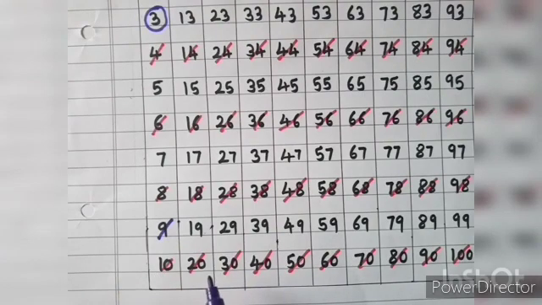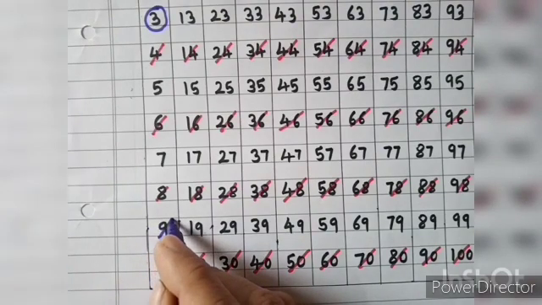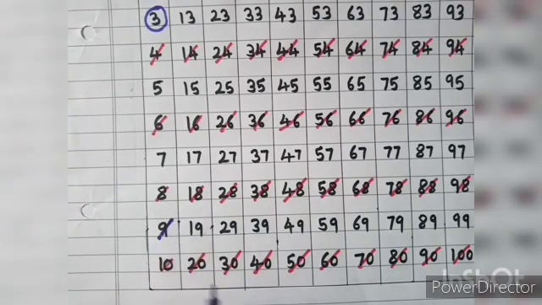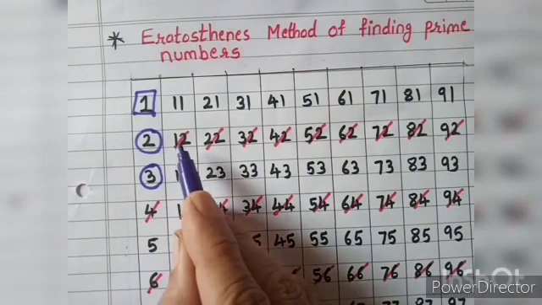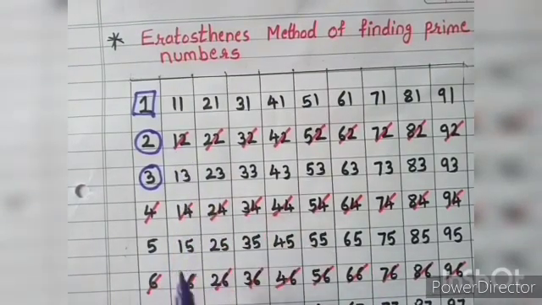Now we have to strike out all multiples of 3. So 9 is a multiple of 3. Next multiple of 3 is 12. Already we have done.